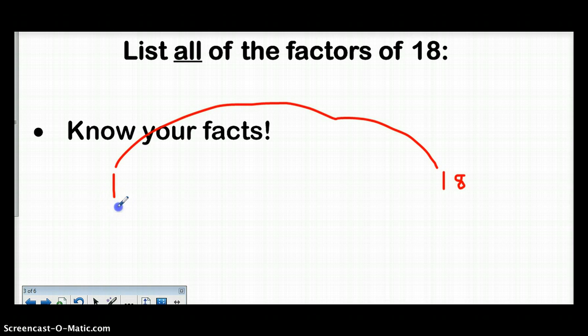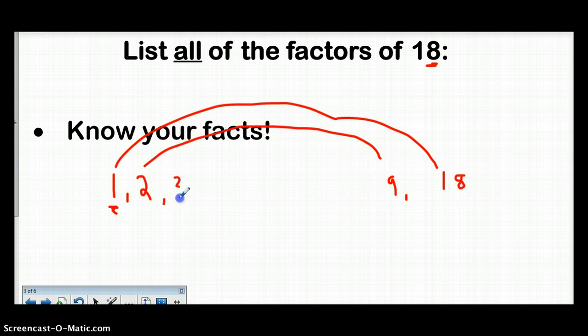We know that 1 is an important number because 1 is a factor of every single number. So every list should always start with 1. What about 2? Is 2 a factor of 18? Yes, it is. 2 times 9, I know that because it's a basic fact. I also know that 2 is a factor of 18 because 18 is an even number, so all even numbers have a factor of 2.